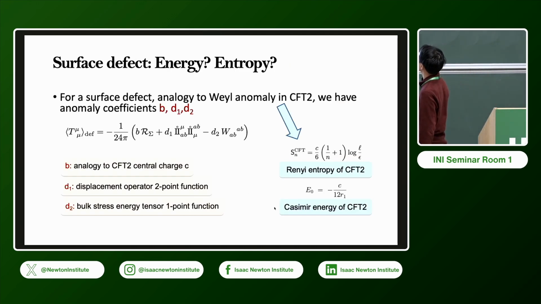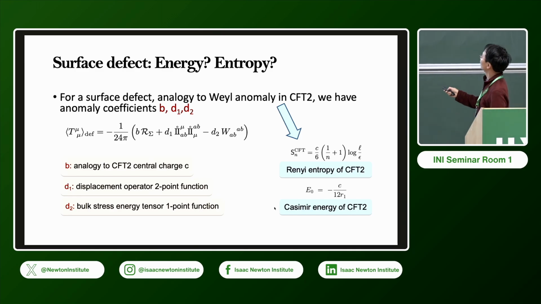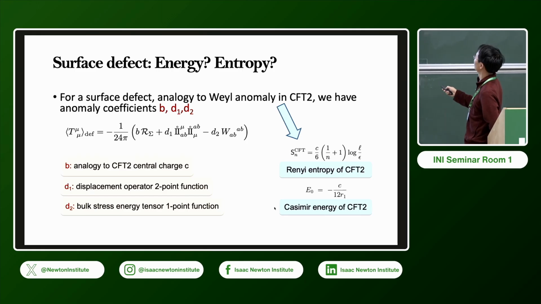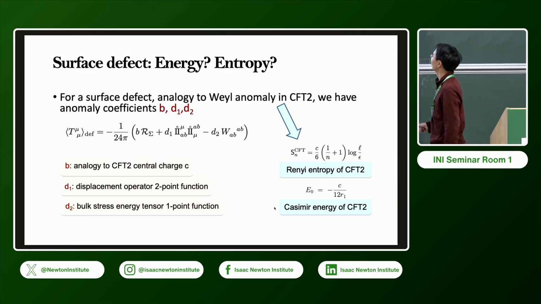In 2D CFT, we know there's a simple formula. For example, Rényi entropy is just determined by the central charge in a very universal form. If you compute a single interval Rényi entropy, you will get c over 6 times (1 plus 1 over n) as the logarithmic coefficient. And the Casimir energy of the 2D CFT will be minus c over 12 of the radius.